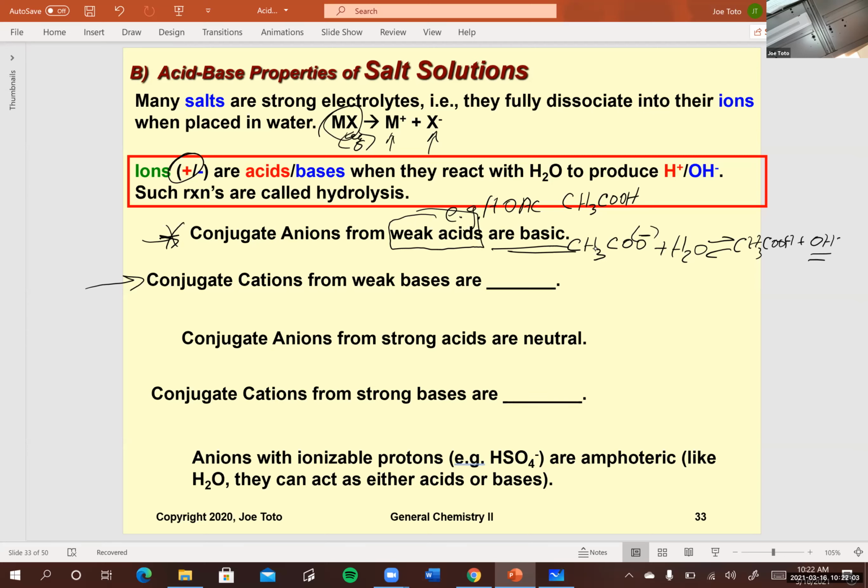Conjugate cations from weak bases are acidic. Yeah. All right, now let's see if we can think about an example. Can you name a weak base for me?